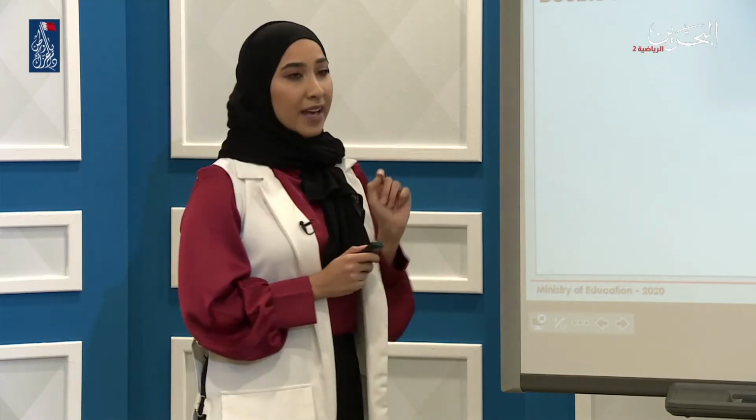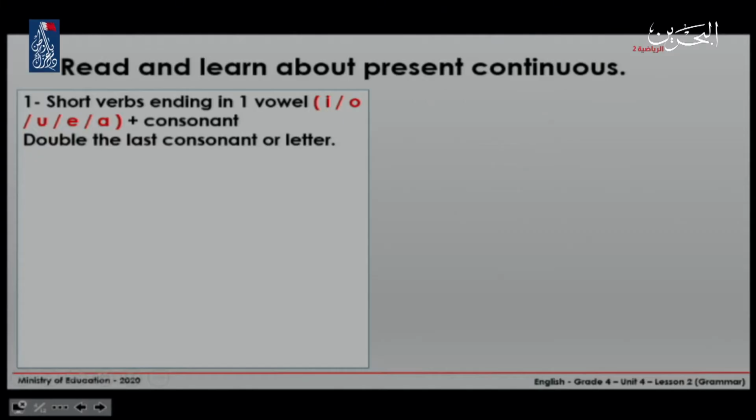Now, we have the first rule. Short verbs ending in one vowel, which are I, O, U, E, or A, and a consonant, we will double the last consonant or letter. Let me give you an example.